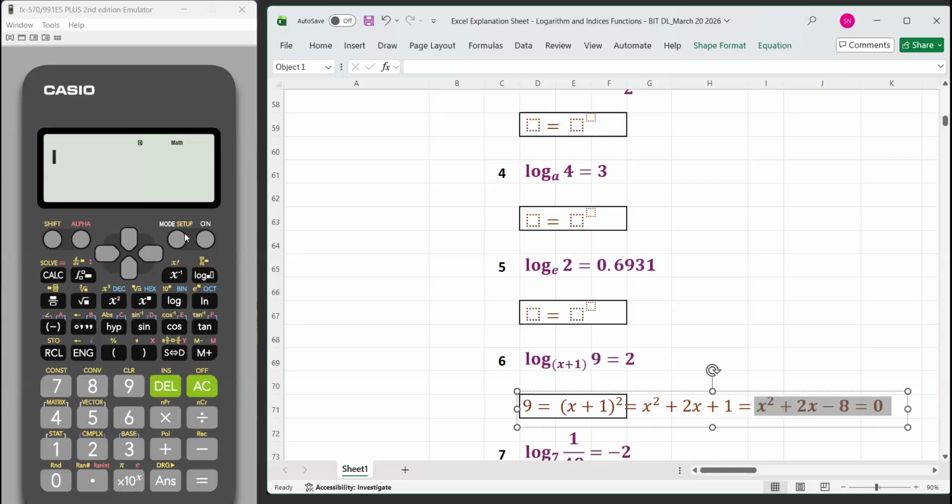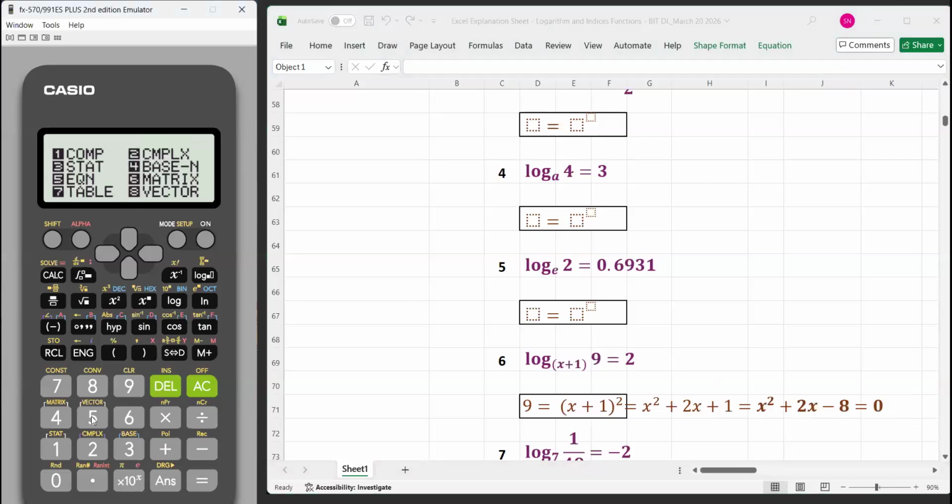Then you come to your calculator, you press mode, you press equation, you press quadratic, 3, you put the coefficients there. For x squared, the coefficient is 1. For the x term, the coefficient is 2. And for the constant term, the coefficient is minus 8. You press equal to get x1.